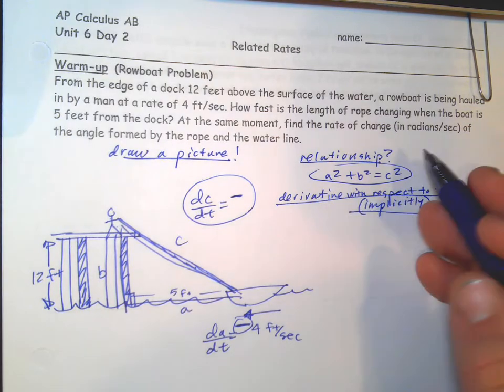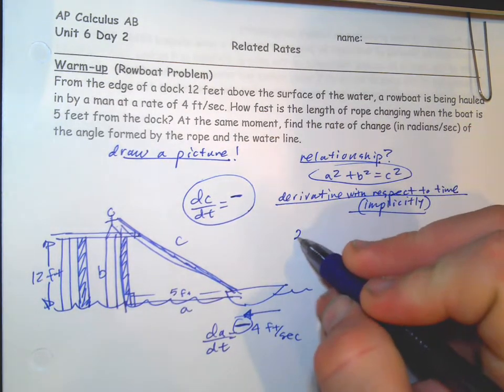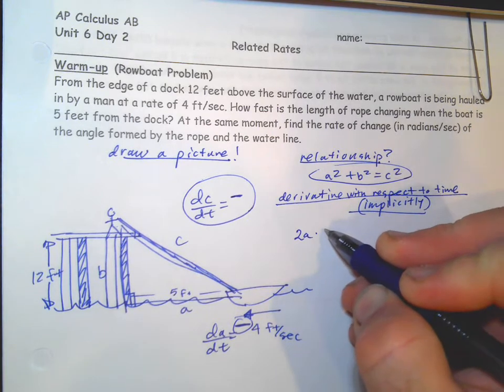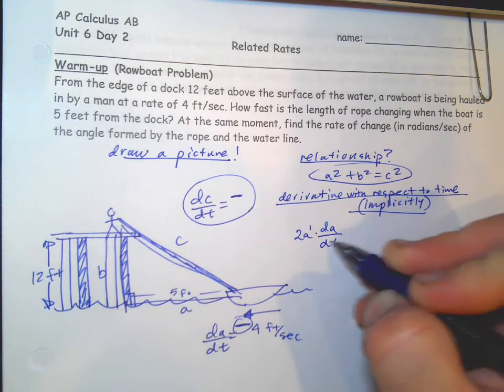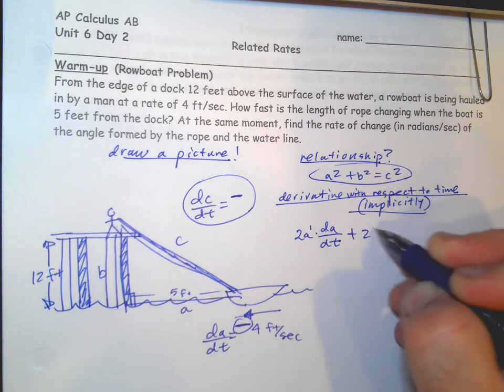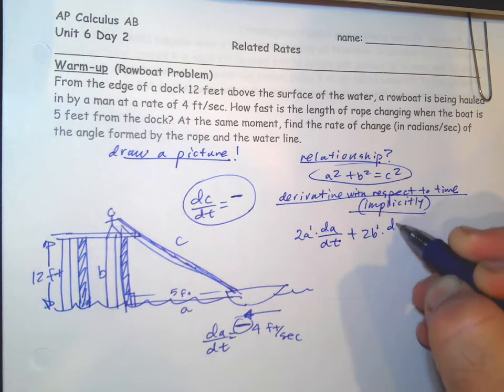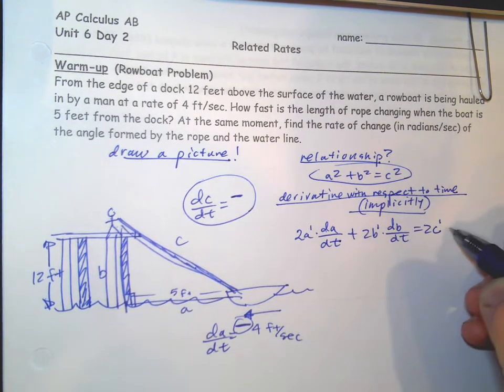You don't see the t's, but you're taking the derivative with respect to time. So it's going to be a 2A, right, to the first power, and then dA/dt. That's that chain rule, okay? Implicit differentiation, plus 2B to the first power dB/dt equals 2C to the first power dC/dt.